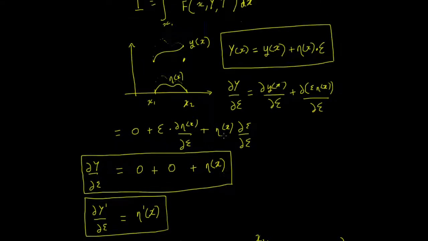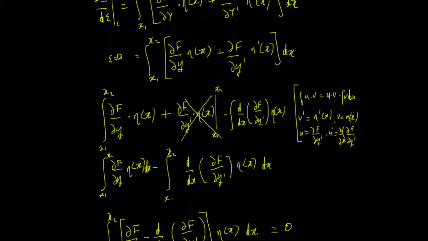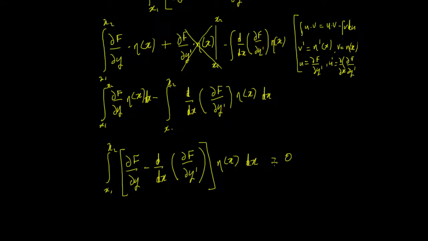So in order for this identity to equal 0, that section there must be equal to 0. There's a proof of that called the fundamental lemma of calculus of variations, and I'll go through that proof in the next video.